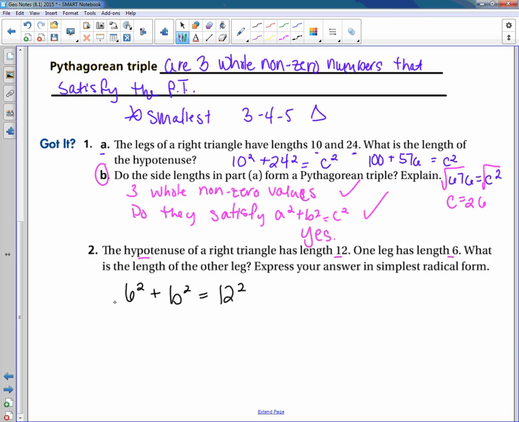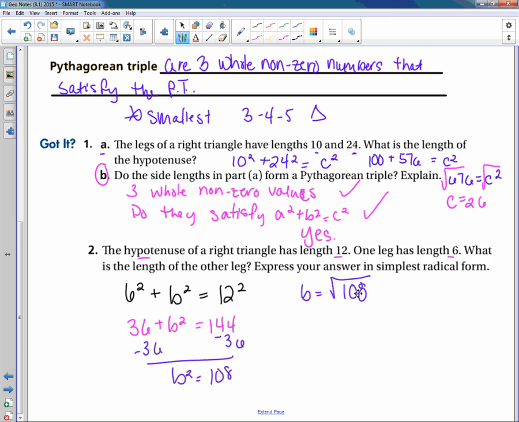Okay, so that means 36 plus b squared equals 144. I'm going to subtract 36 from both sides. Okay, and I get b squared equals 108. That's not going to be a perfect square, so b is going to equal the square root of 108.